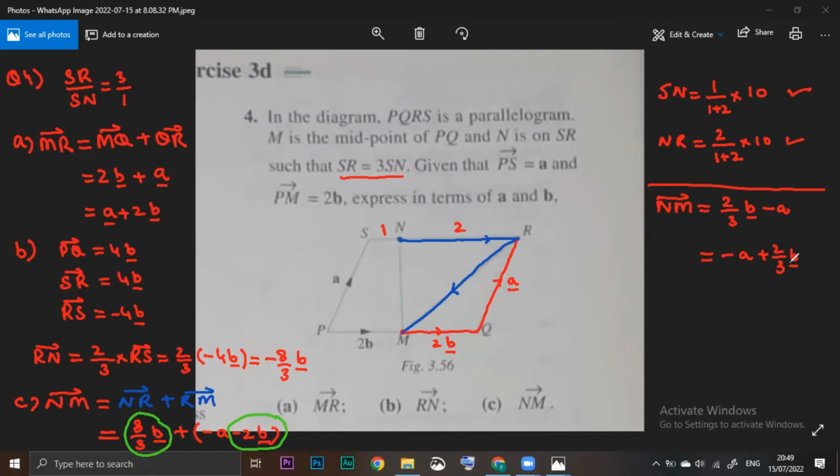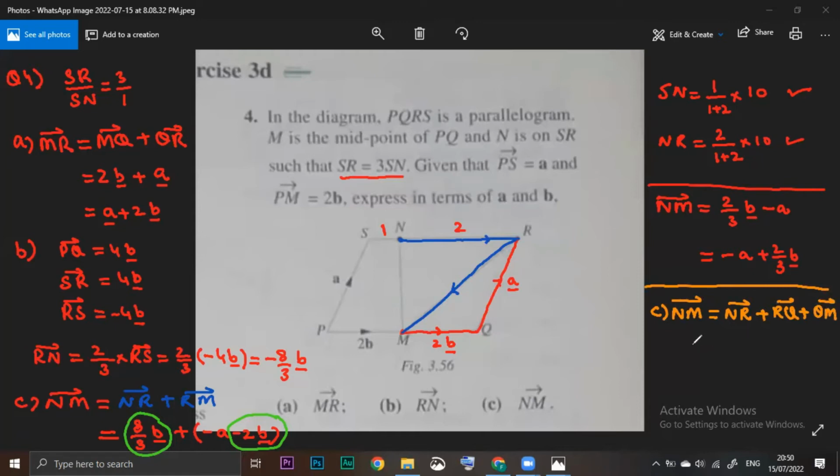Now I will give more examples to elaborate this concept. We can also find out NM, the C part, in this way. NM is equal to NR plus RQ plus QM.